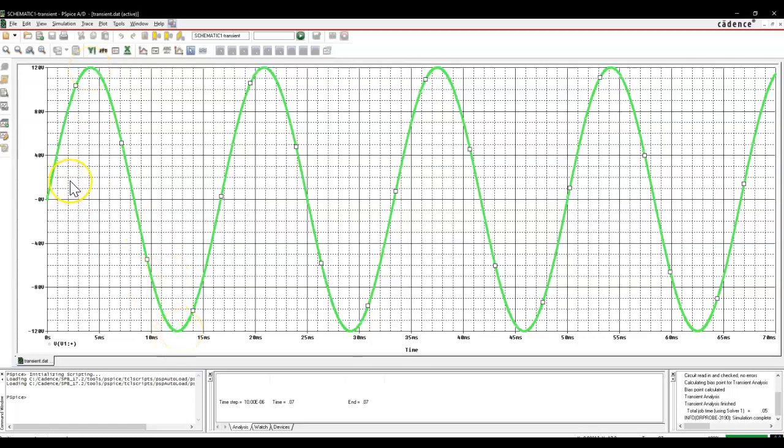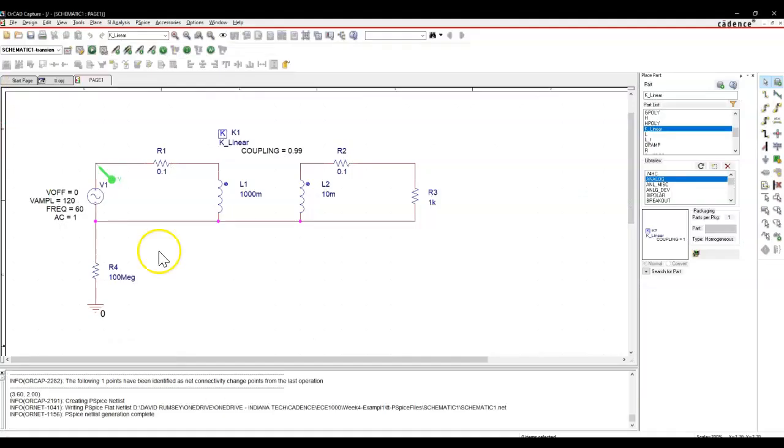Great. Now that we have this AC signal, I want to show you a couple things that we can do as far as measurements. But I'm going to go back here, and to do these measurements, I'm going to first do what's called a net alias. I don't think we talked about this before.